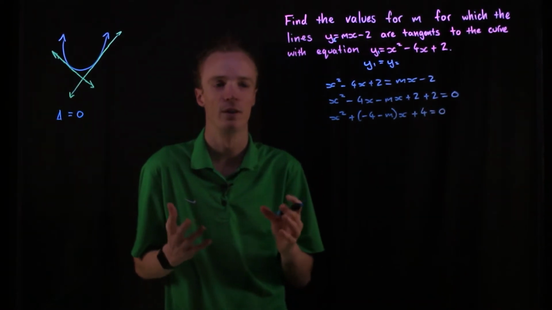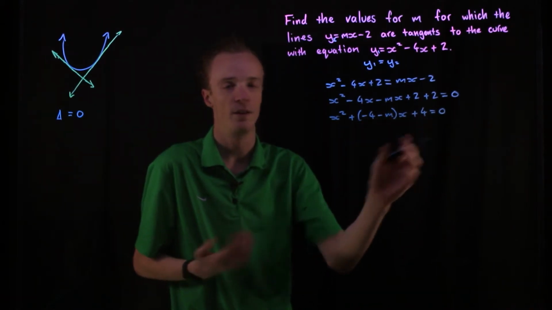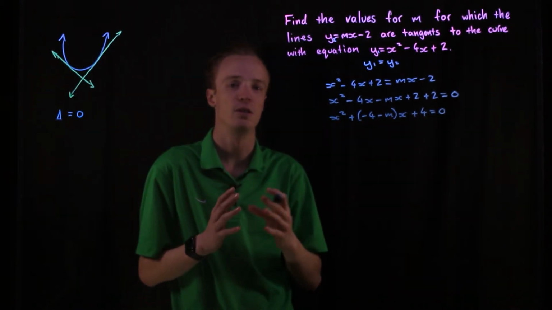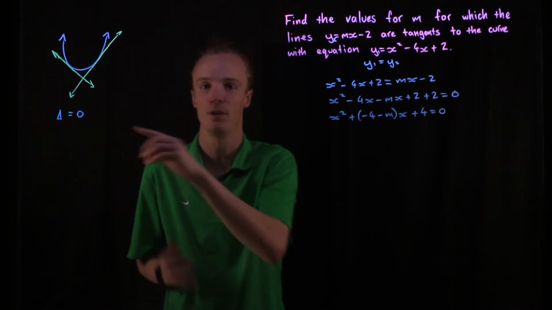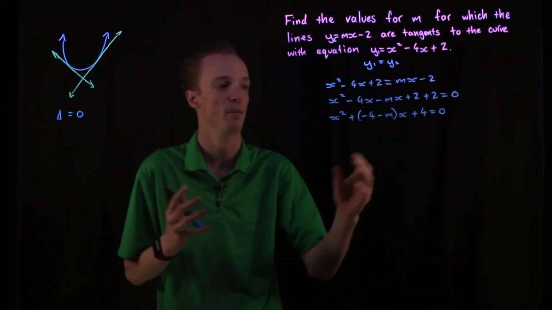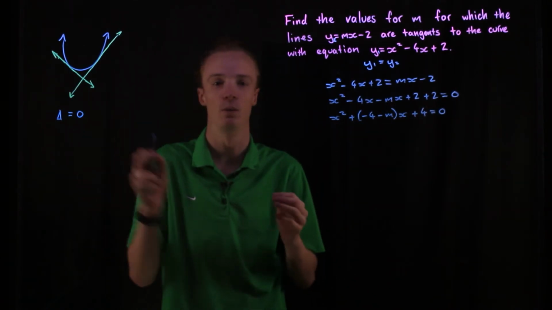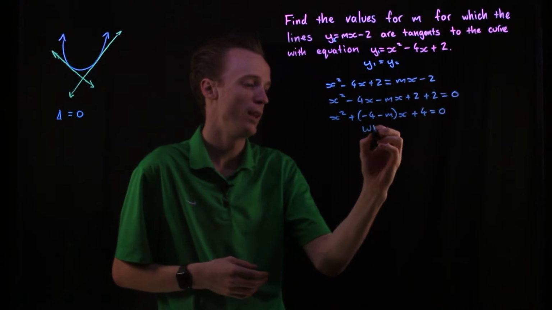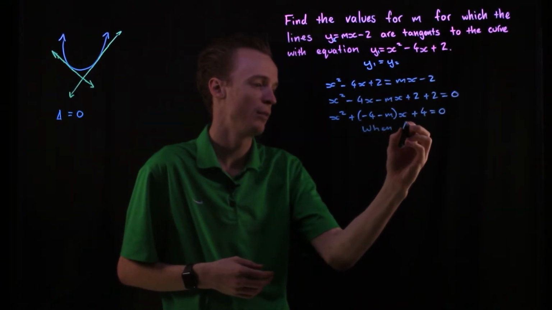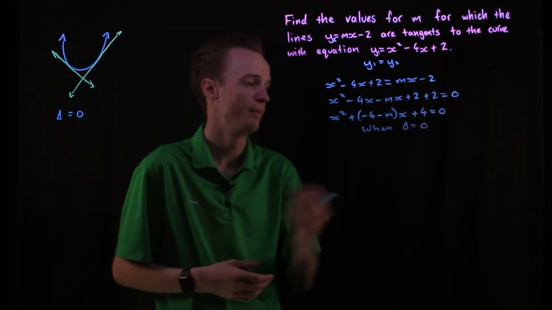So now what I've got is this quadratic that's equal to 0. So I can now use the quadratic formula, but more so I can use this discriminant because I know that when we do the discriminant of this, it should equal 0. So I want to know when the discriminant is equal to 0.